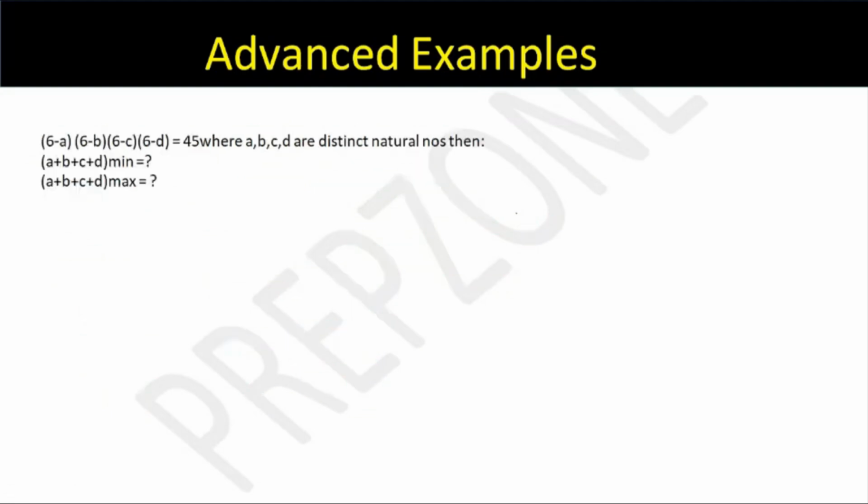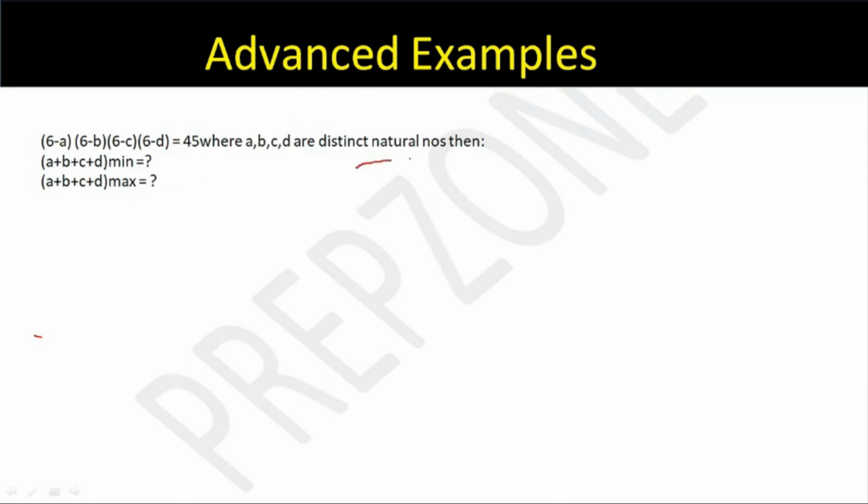So, moving on to the next question. I'm giving this as homework to you. Again, it's a very advanced problem, but the funda is the same. You have the multiplication, and you have to minimize and maximize the sum, which means in one case, numbers have to be as close as possible to each other, and in the second case, numbers have to be as far from each other as possible.